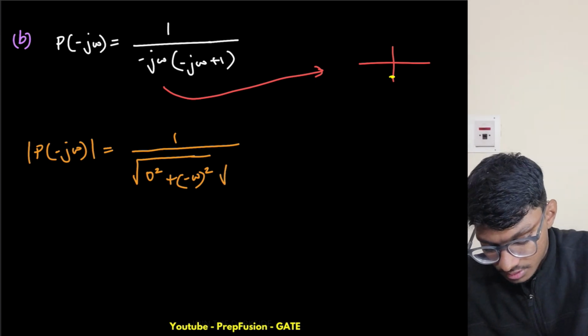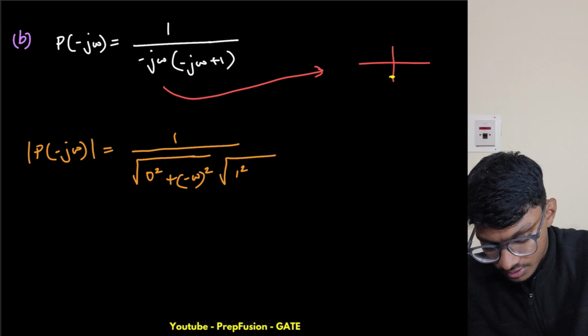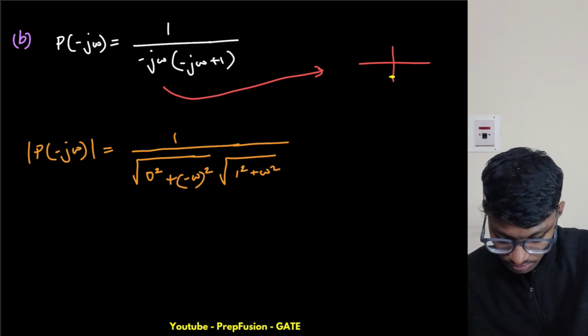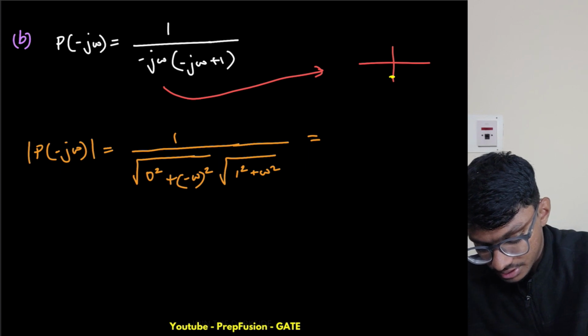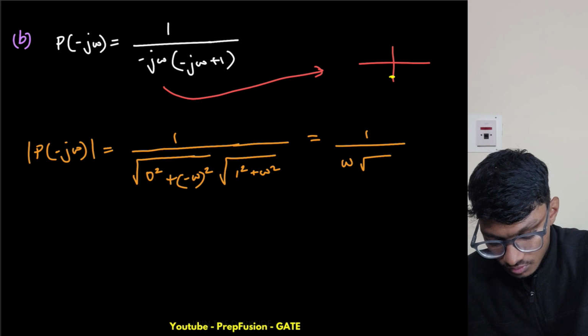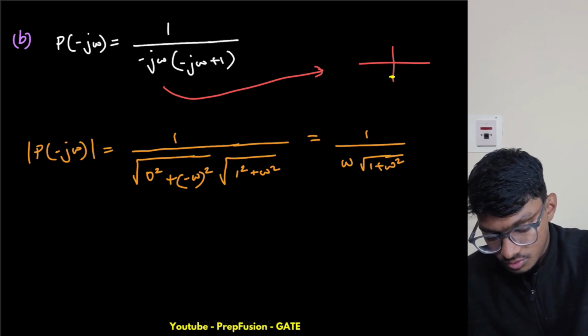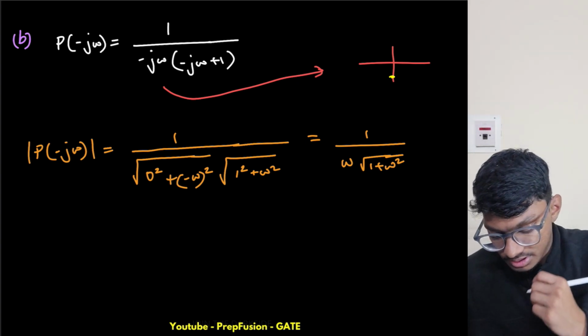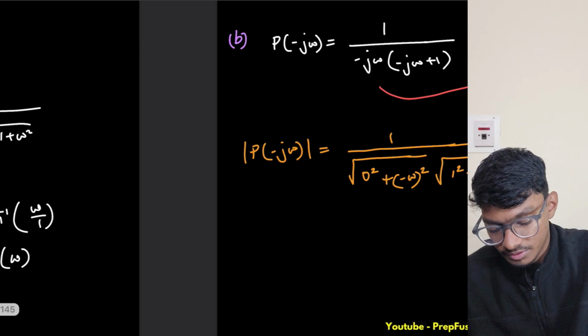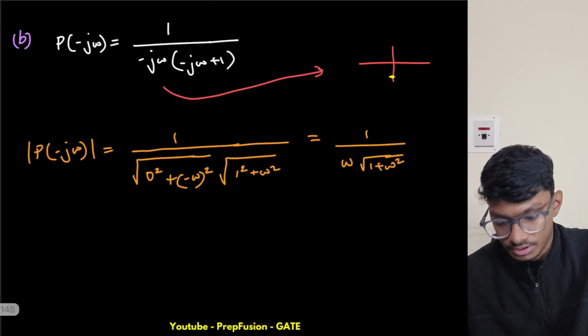And this is also 1 square plus omega square, which simply equals 1 by omega into 1 plus omega square. So this is familiar to the previous one, P of j omega.